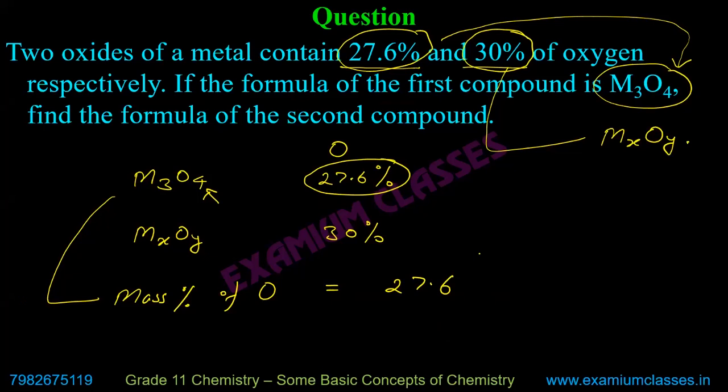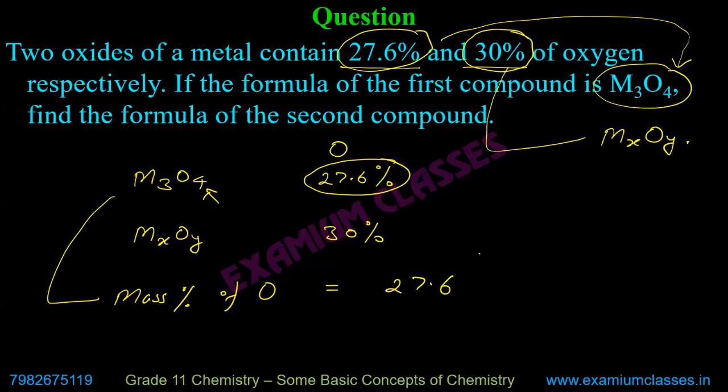We can't do it by the unitary method, like 27.6 grams will react. That is not applicable here because here we are talking about percentages, different percentages in different compounds. We are not talking about the law of constant composition or law of multiple proportion. If that is to be proved, then those formulas will be given, and then you can do that.